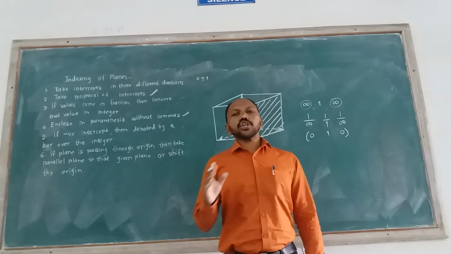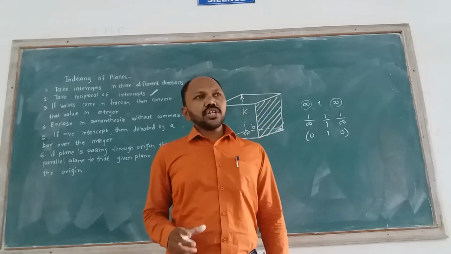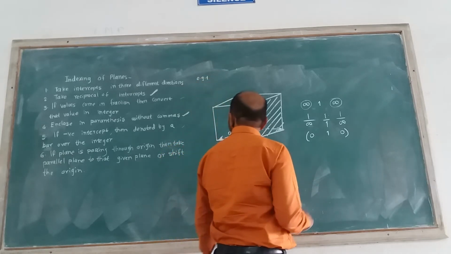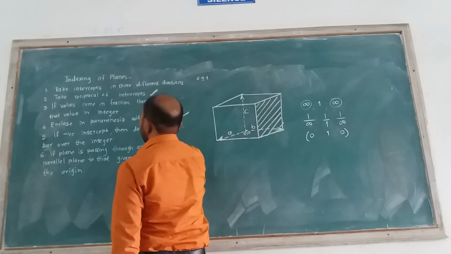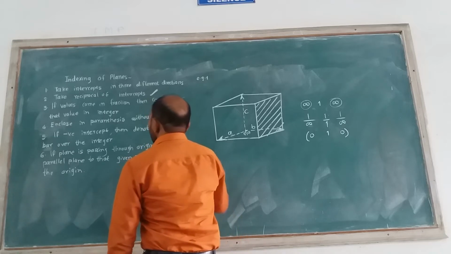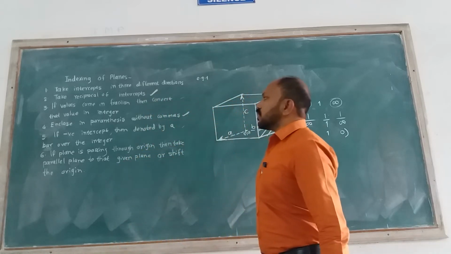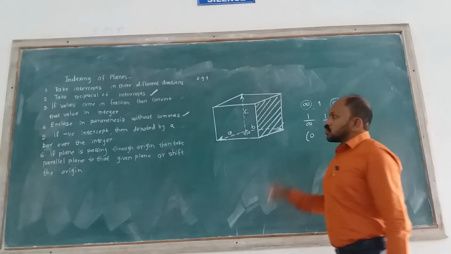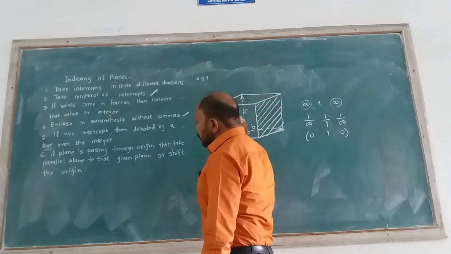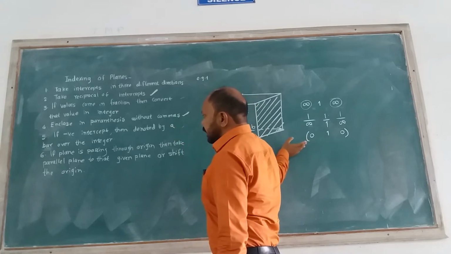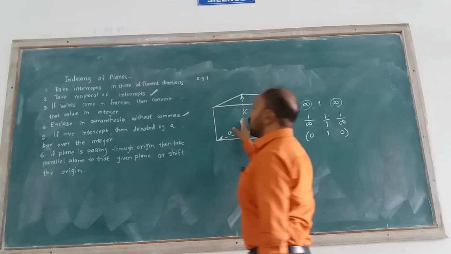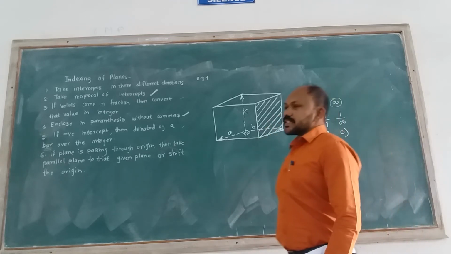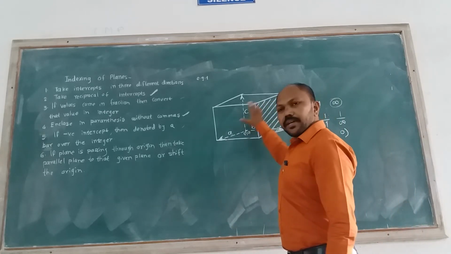If there is a negative intercept, then it is denoted by a bar over the integer, but here a negative value is not available, so it is not needed to represent the bar in this case, and the plane is not at the origin, so the sixth point is not applicable here. So this is our first example.